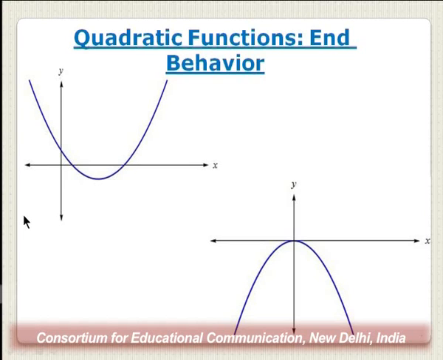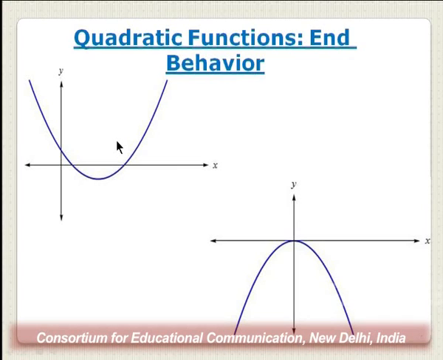If you've seen the lecture on quadratic functions in this series, we said that graphically quadratic functions are represented by parabolas, either a parabola that opens upwards or a parabola that opens downwards.